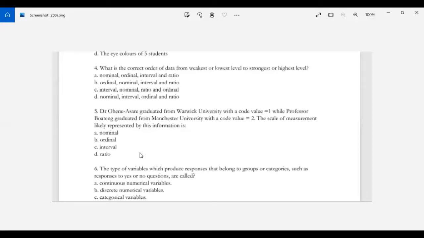Yes. Okay, 4. Read the question 4 for me. What is the correct order of data from weakest or lowest level to strongest or highest level? Okay, so with this one, in the last video, I gave you mnemonics for you to recognize the order of data from weakest or lowest to strongest or highest.